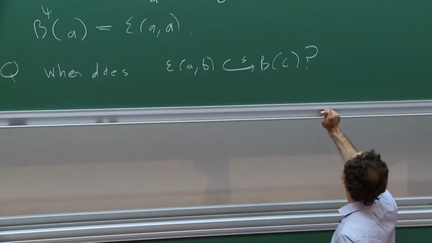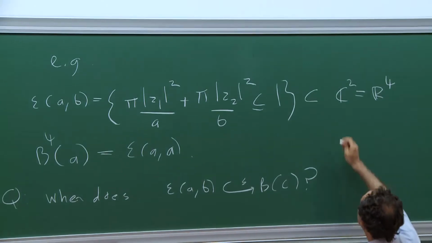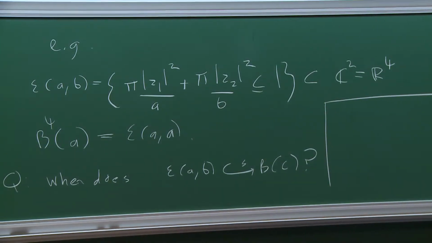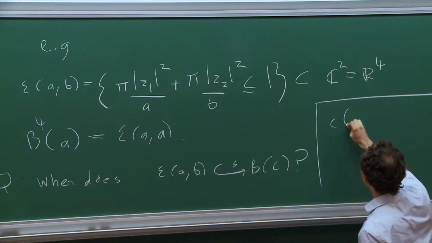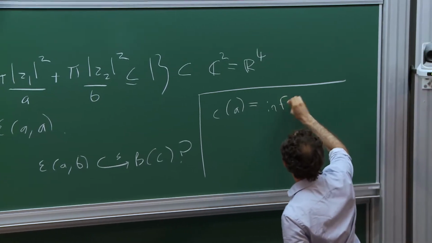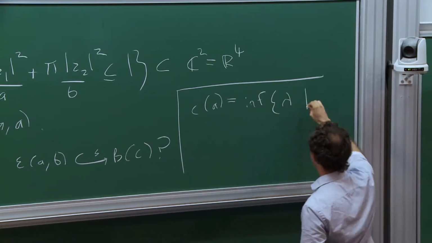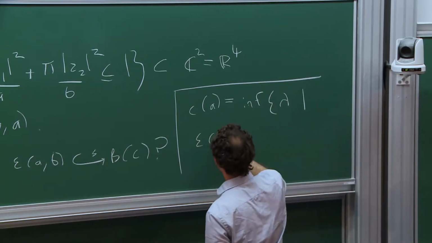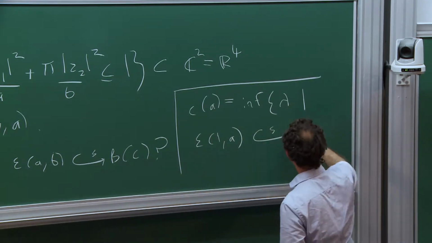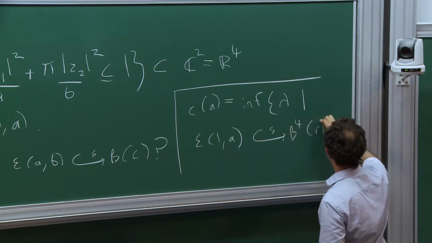So it turns out that we can encode this in the following function. We can define a function, c of a, which is given by the infimum over real numbers lambda such that there exists a symplectic embedding from E(1,a) into a 4-ball of size lambda.